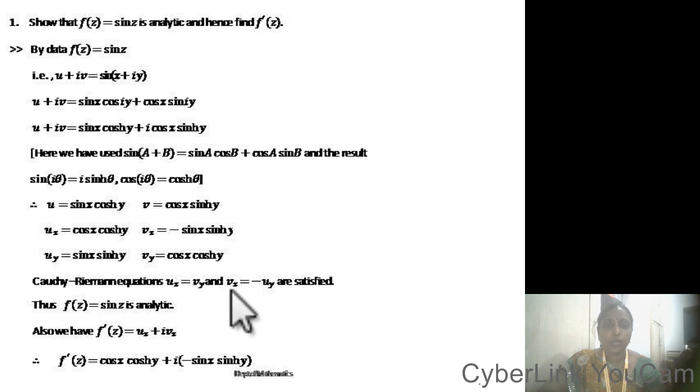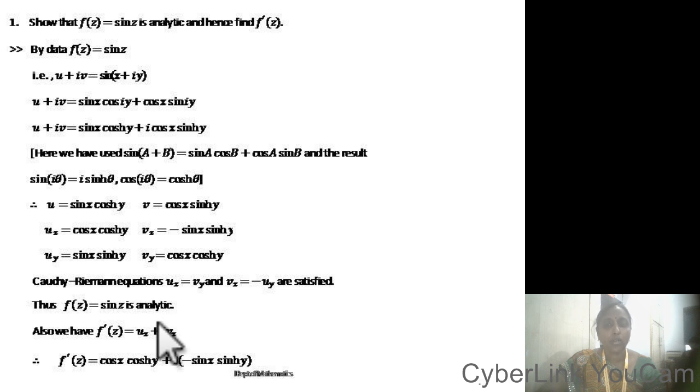Similarly, if you substitute the other two values we calculated above, that will also be satisfied. Hence, since the CR equations are satisfied, we can say that our function sin z is analytic. So this completes the first part of the question.